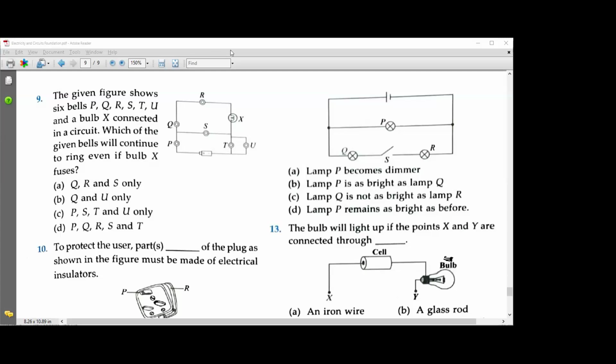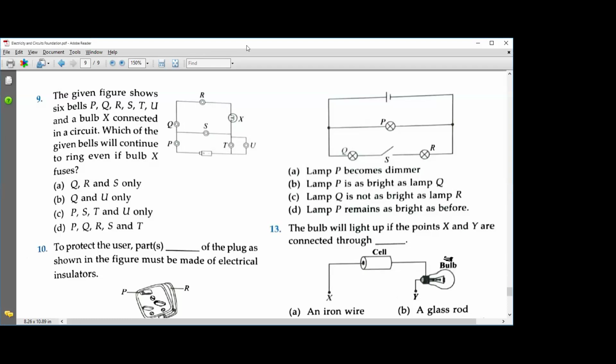Very good, Neha. Okay, see why and how it will happen. All the 6 bulbs shown here, beginning from R, Q, S. So we have to basically see the pathway.